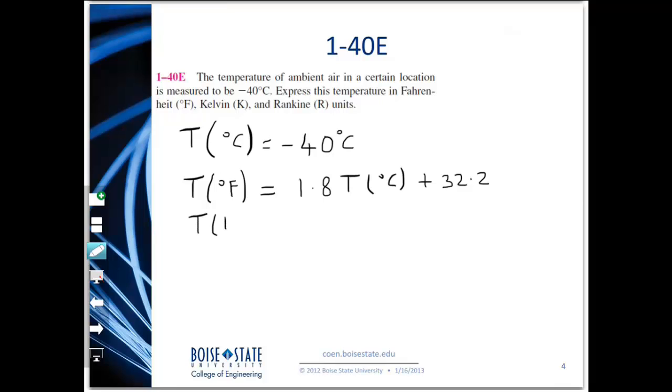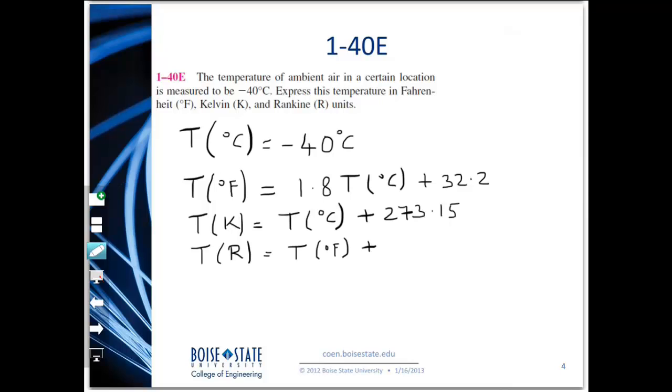T in Kelvin is T in degrees centigrade plus 273.15, and then T in Rankine would be T in Fahrenheit plus 459.67. Okay, so if you do the math, you'll get this to be approximately negative 40 F.